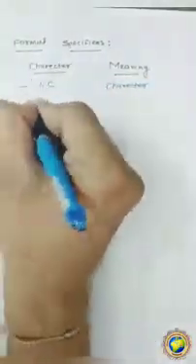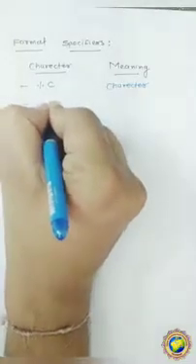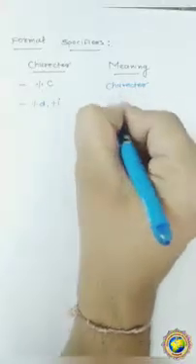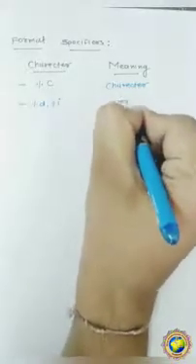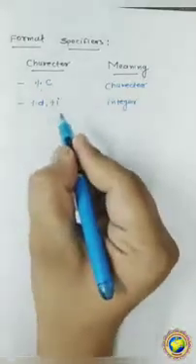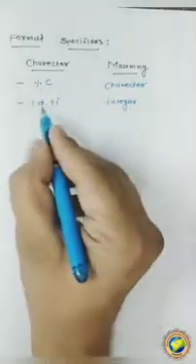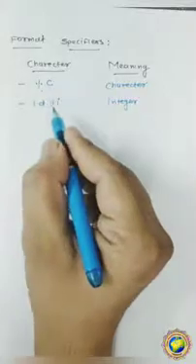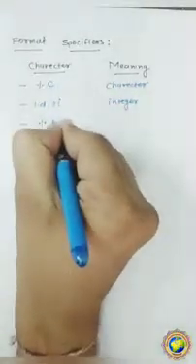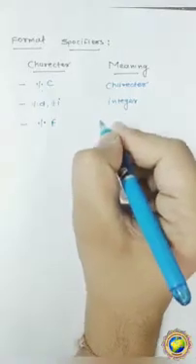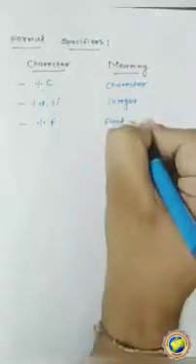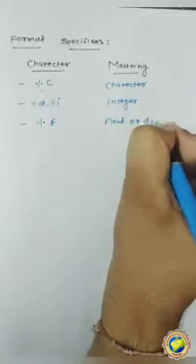Then the next is %d or %i, which is used for an integer value. If your input or output is an integer, then you have to use %d or %i. Then the next one is %f, which is used for a float or double value.